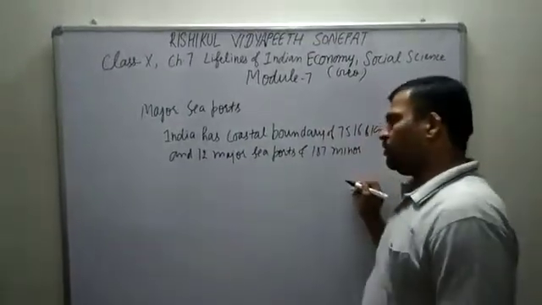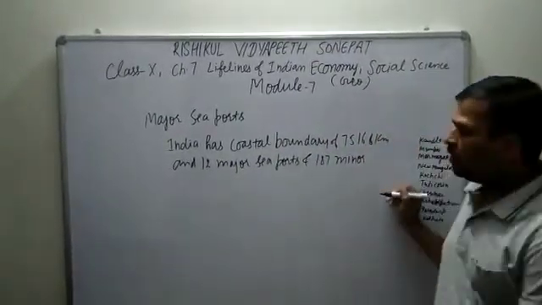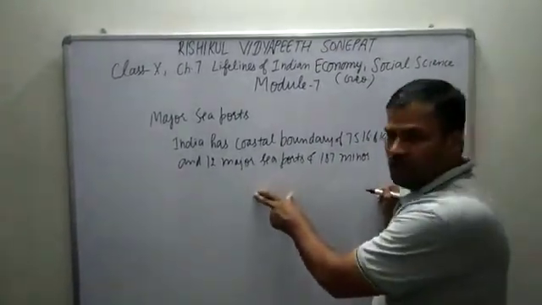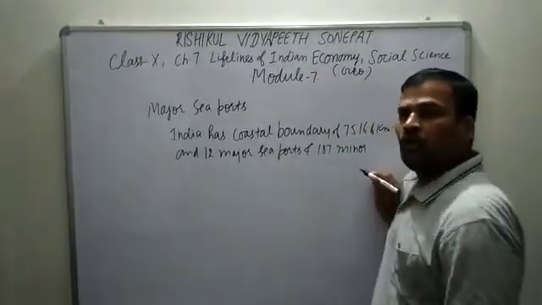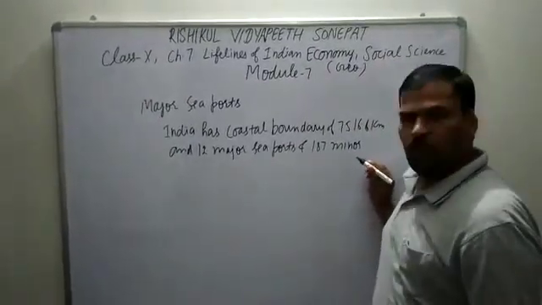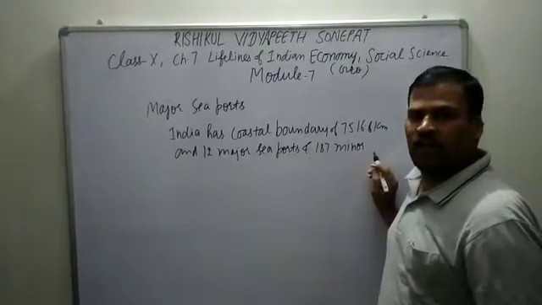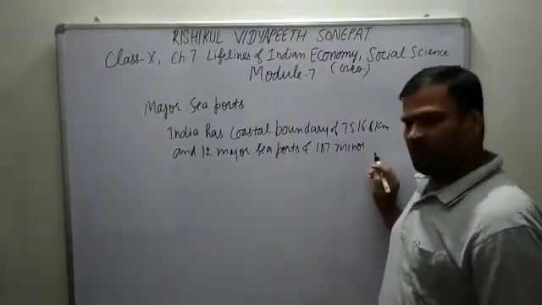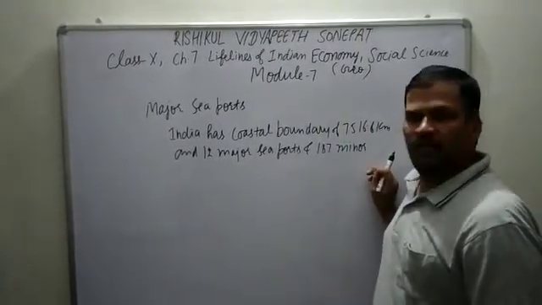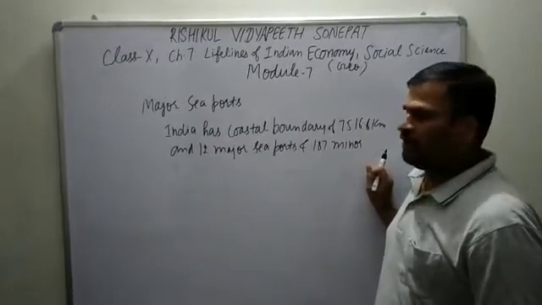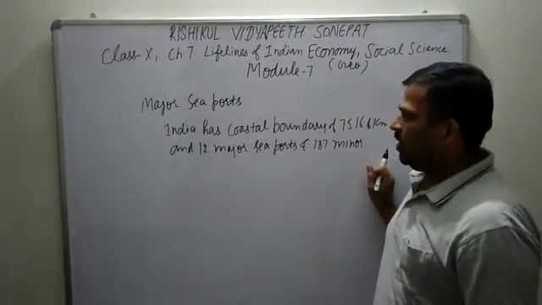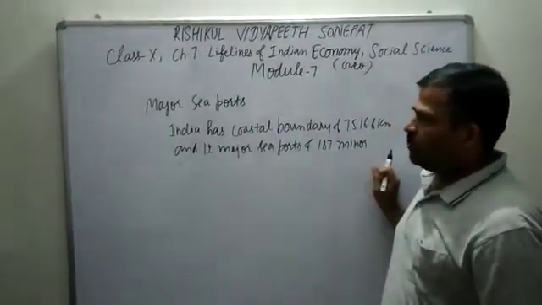It means that we have a good navigation system, a good coastal boundary, a vast area, and nearly 3 sides we have water. Okay. Now here we will discuss the major seaports.